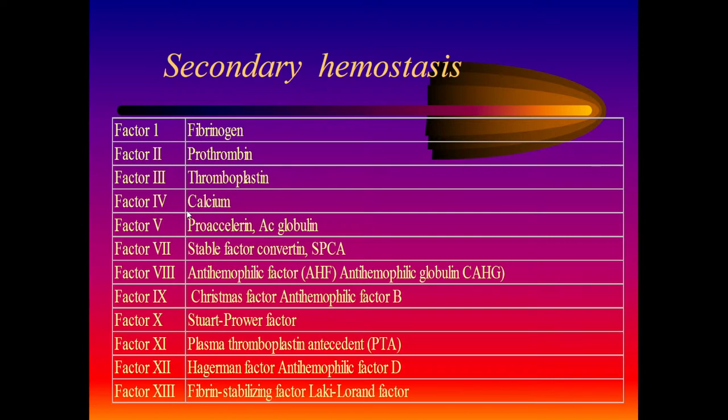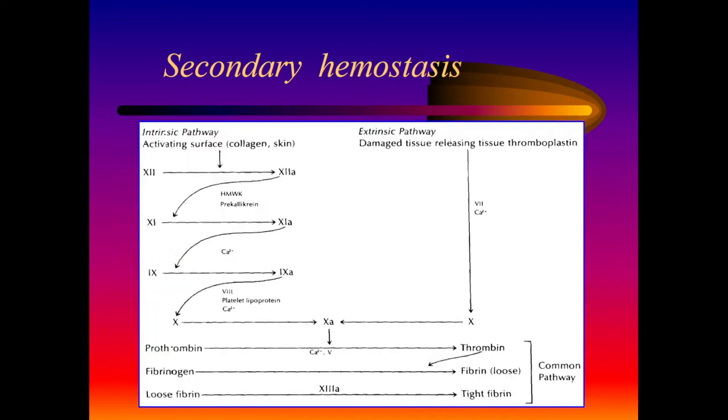It's different bioactive components, step by step making hemostasis process, such as here you can see secondary hemostasis includes activation of different factors from step to step and make a specific process with final result of hemostasis.